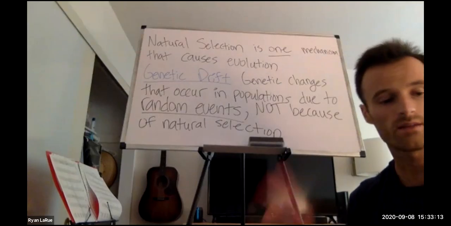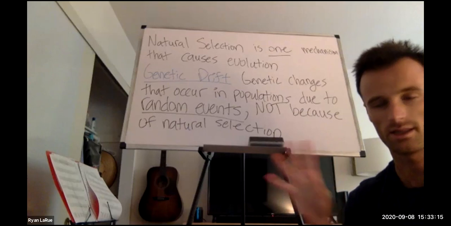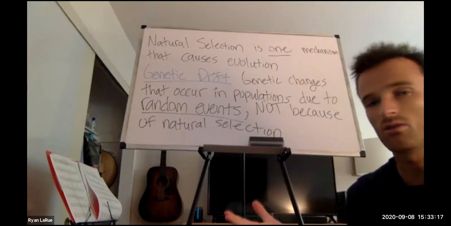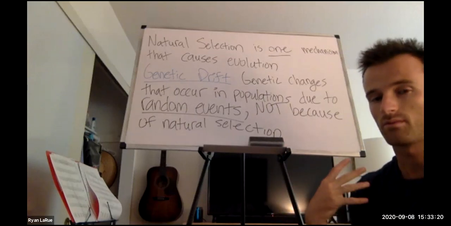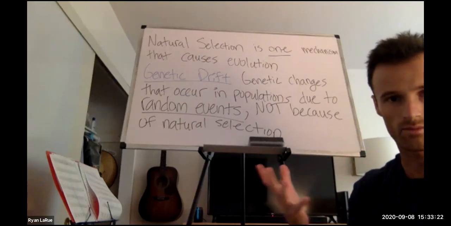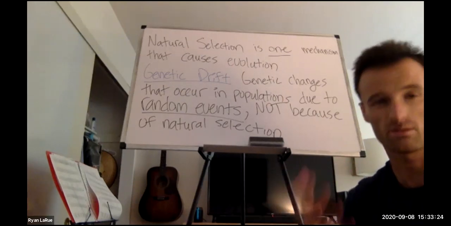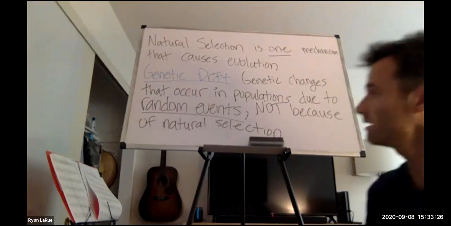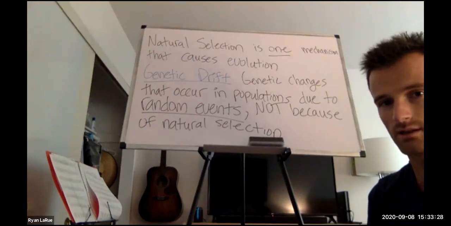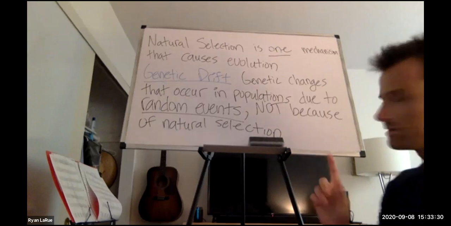So we're going to look at these two mechanisms of evolution that have nothing to do with the traits that these populations have, and I'll explain what I mean. So the first one is called the founder effect. The first example of genetic drift is called the founder effect.